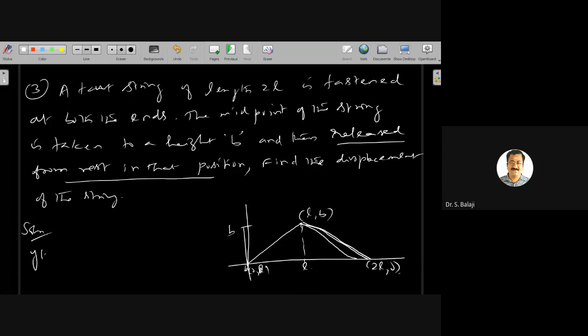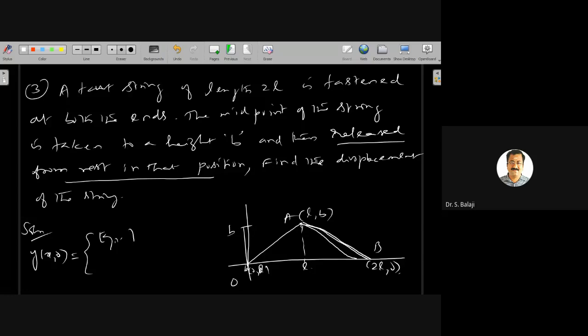For the initial position, these two ends are tightly fixed here: y(0, t) = 0, and at 2L, y(2L, t) is also 0. Therefore, y(x, 0) will be given by the equation of the line. Suppose this is OAB.